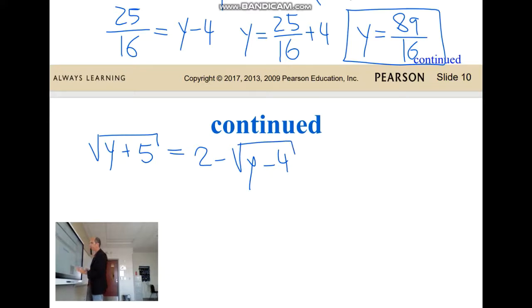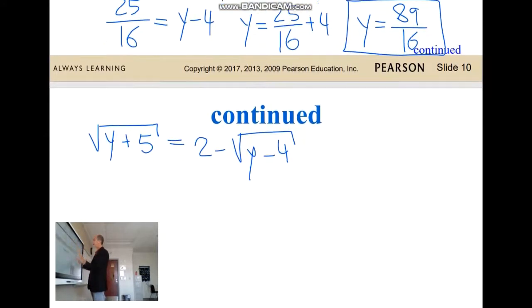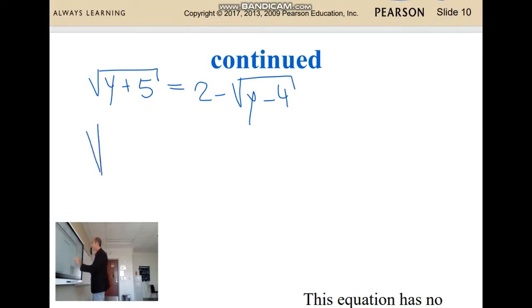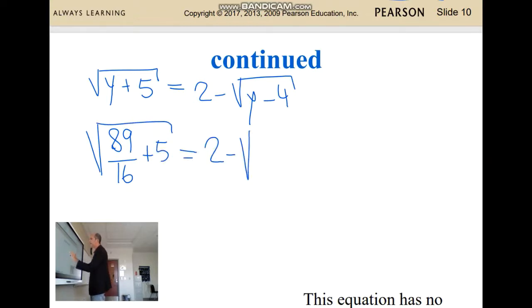Okay, this is the original equation. Let's plug in 89 over 16: 89 over 16 plus 5 equals 2 minus square root of 89 over 16 minus 4.